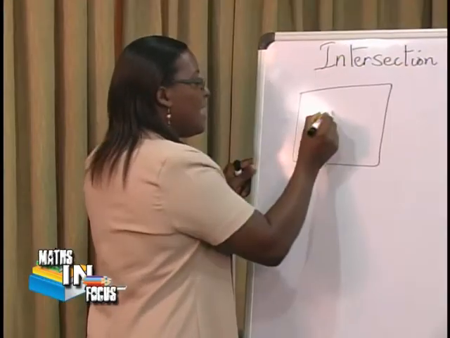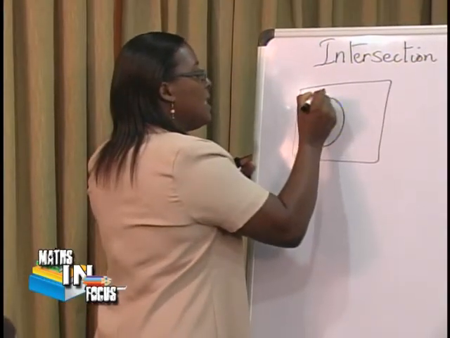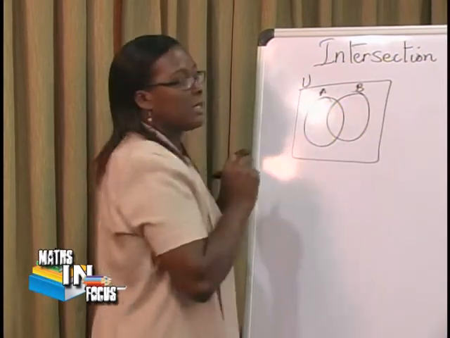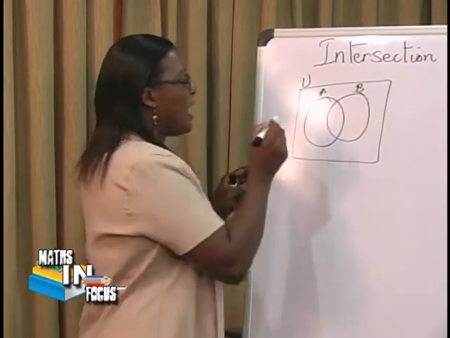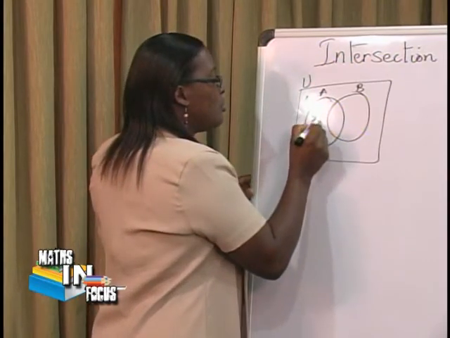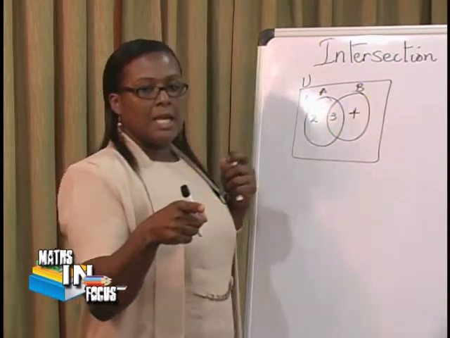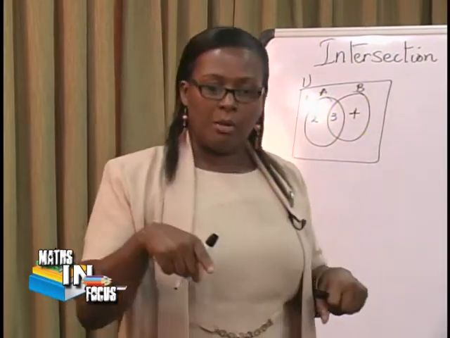So if I should draw a Venn diagram, and I have set A, and I have set B, my universal set out there, I have 1 region, 2 region, 3 region, 4 region. And as Videli said, what they have in common.